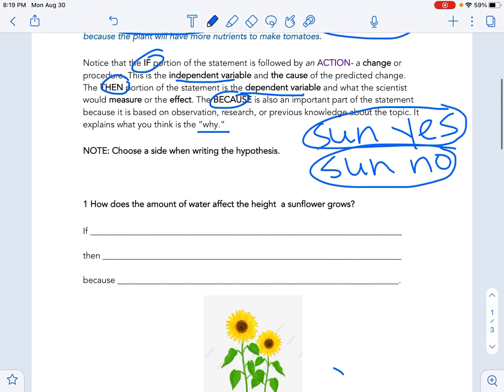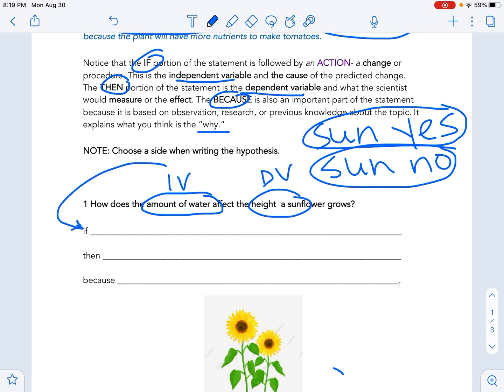Okay, all right, so the first question is, how does the amount of water affect the height a sunflower grows? So what we are purposely changing is the amount of water. So that's our independent variable. What we are measuring is the height of the sunflower. That is our dependent variable. So our independent variable is the if.